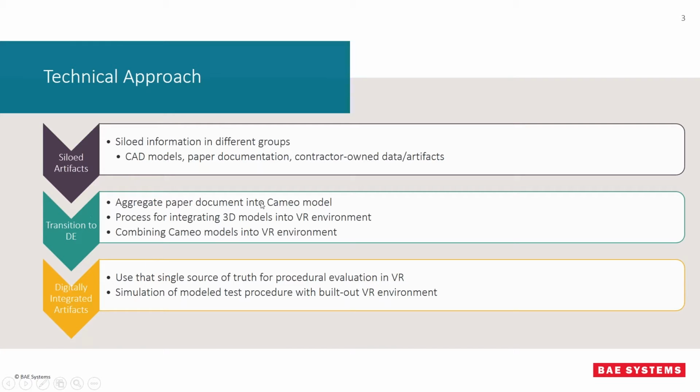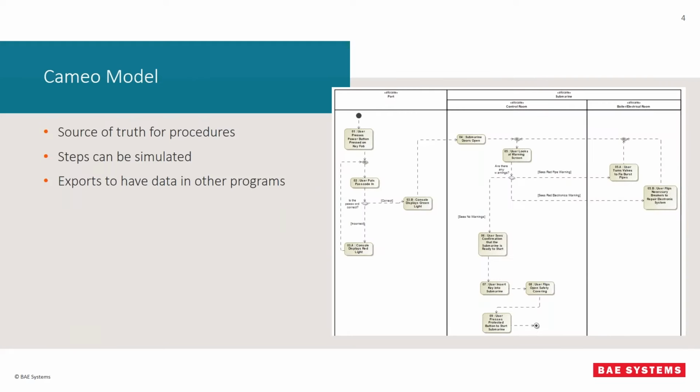We're aggregating paper documents into Cameo Systems Modeler, processing and integrating our 3D models into Visionary Render, and then combining all of that together. Once that's done, we have a better single source of truth as opposed to having data and information all over the place.